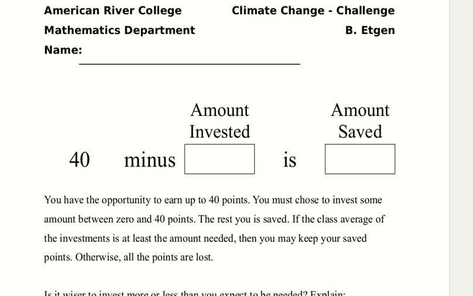Tell me how much you want to invest and how much you want to have saved. Send me that by Tuesday night, Tuesday the 25th, and I will find the average and I'll tell those folks who sent me the email what the result is.